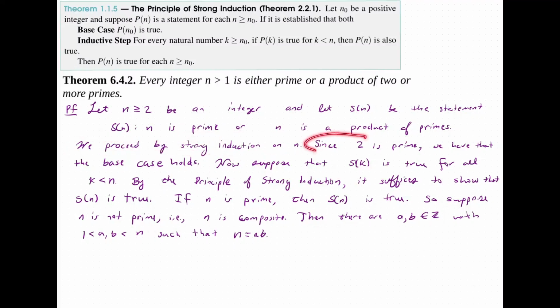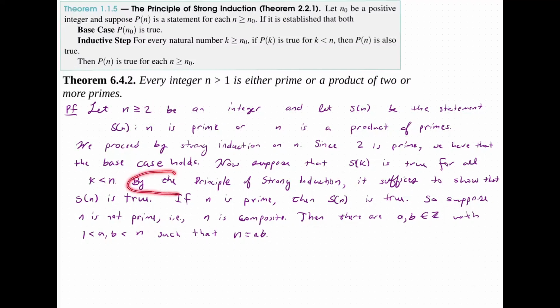Since 2 is prime, the base case holds, so S of 2 is true. Now suppose that S of k is true for all k less than n.